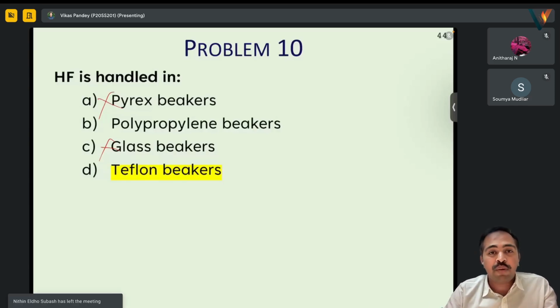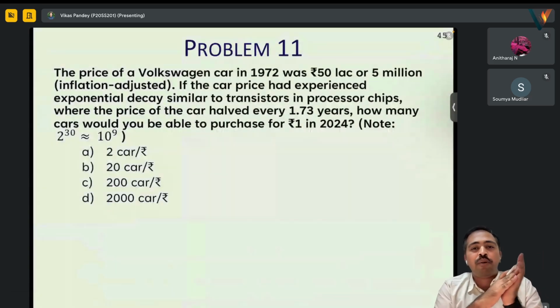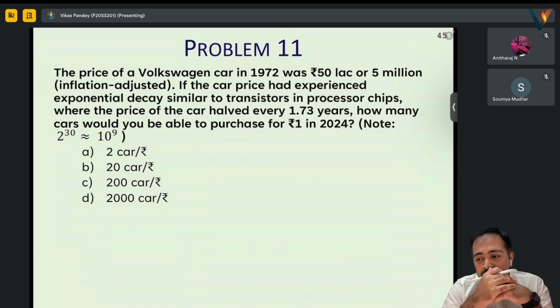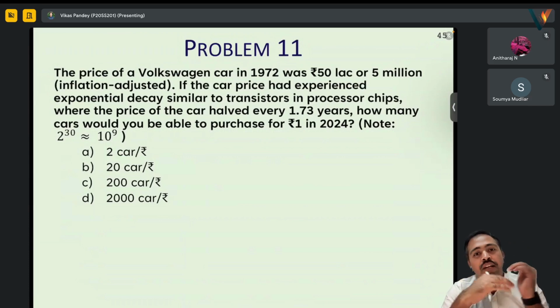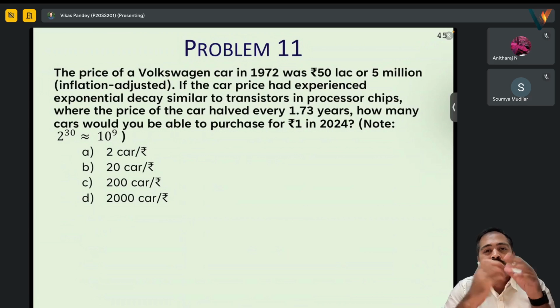Okay. Now remember when Sir started the class, he was talking about something. You might have seen this question also, right? He was talking about the exponential decay in the price of transistors. Let's understand that in the sense of a car.